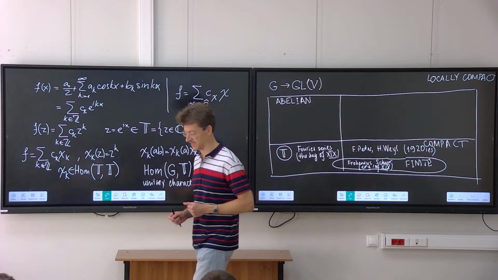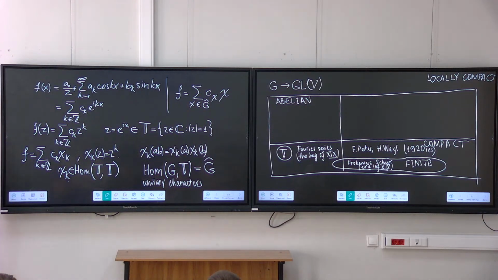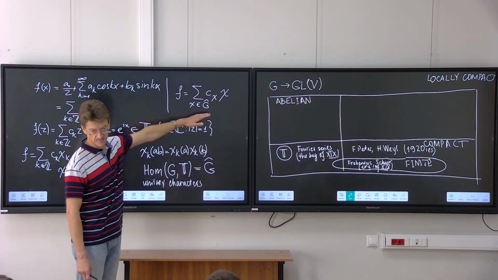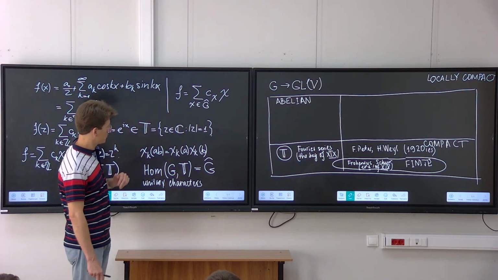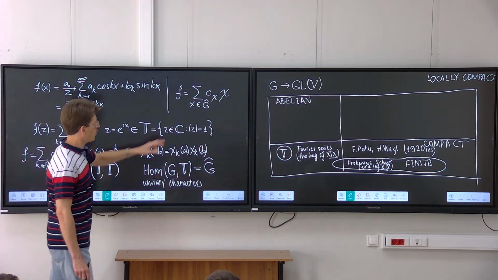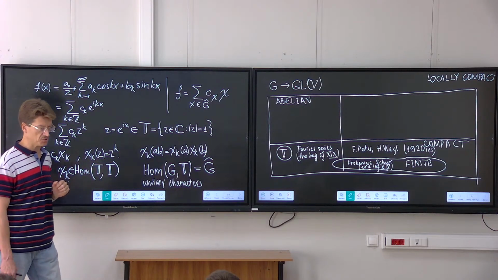In particular, they separate the points. But at the same time, it is usually impossible to decompose functions, and even very nice functions, in this form. To get a good substitute of the theory of Fourier series, we must replace the summation by the integration with respect to a suitable measure.